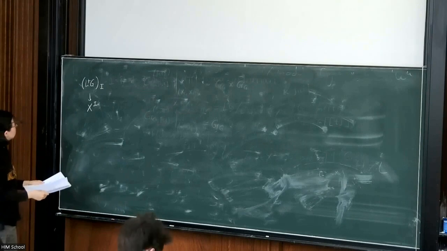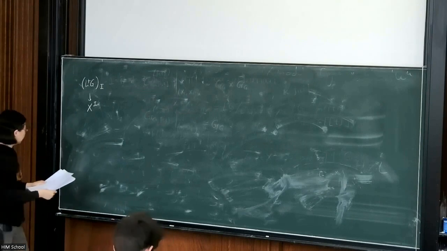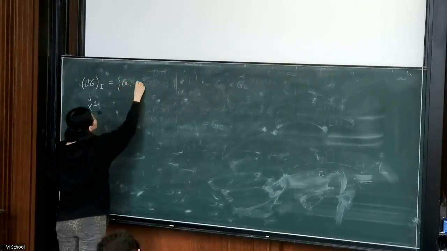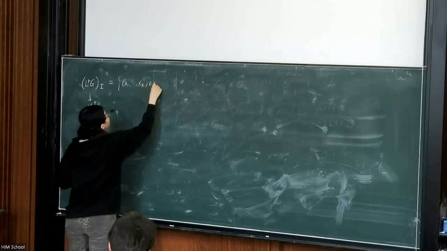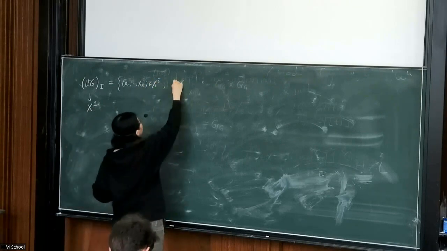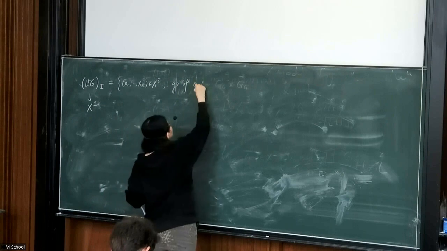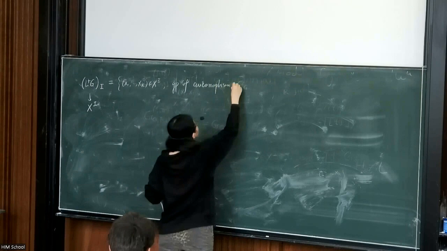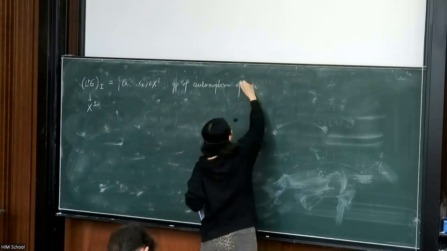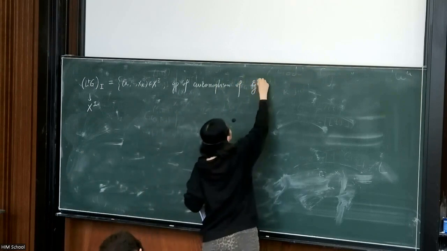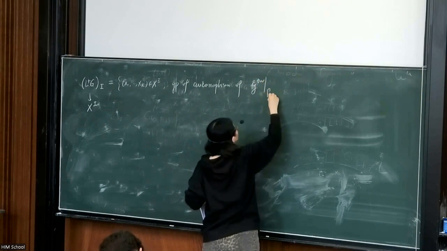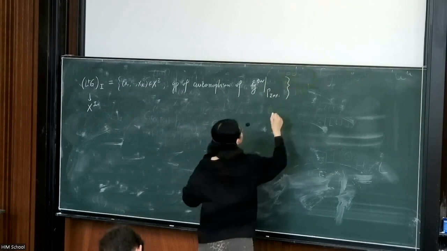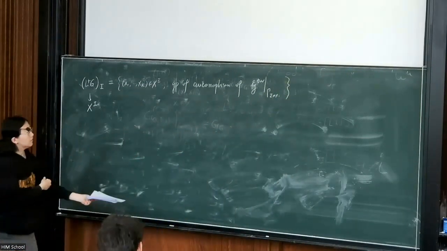So this one classifies points, and it is a group of automorphisms of the trivial G-torsor over the formal completion of the union of all the graphs.